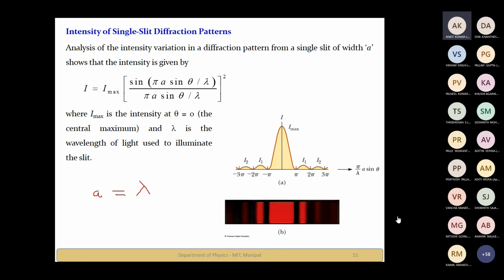I hope you understood my question. I'm asking, if you choose the width of the slit exactly equal to the wavelength of light, how will the diffraction pattern look? That's my question.